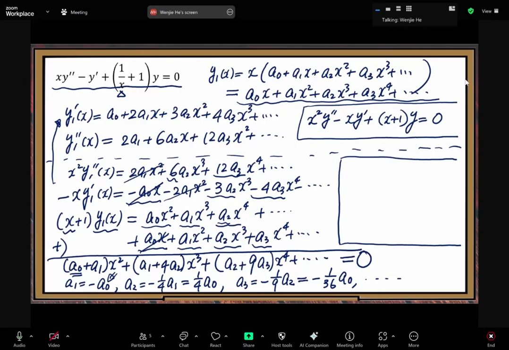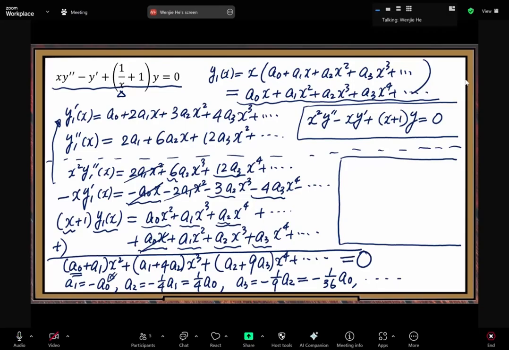Yeah. Because later we will add some other flexible free constants. So at this place we want to make y1 as simple as possible. So when we write y1, we choose a0 equals 1.